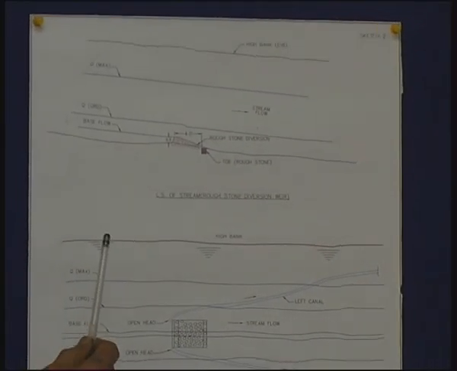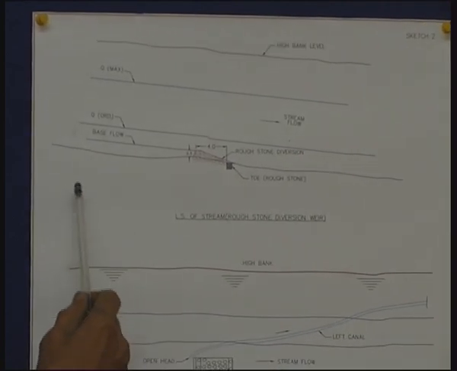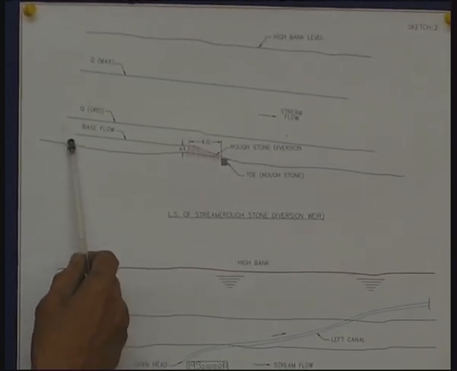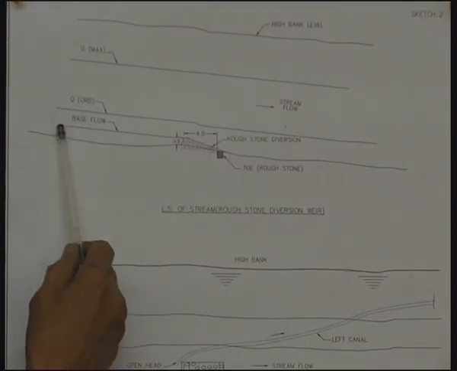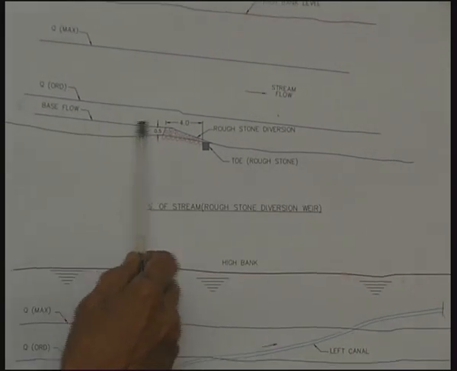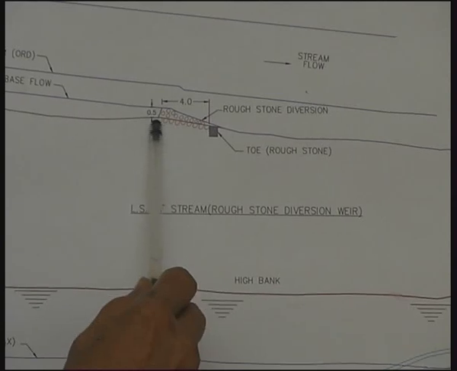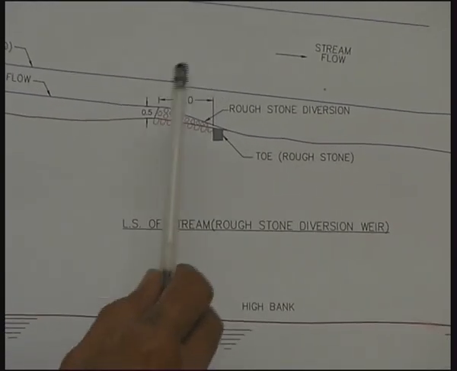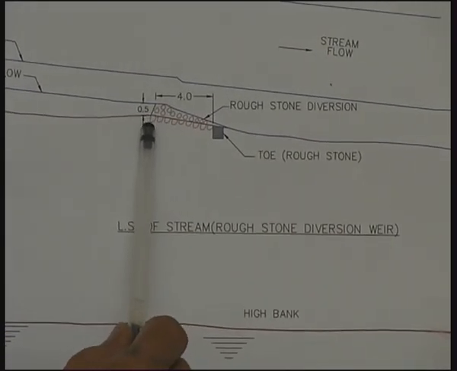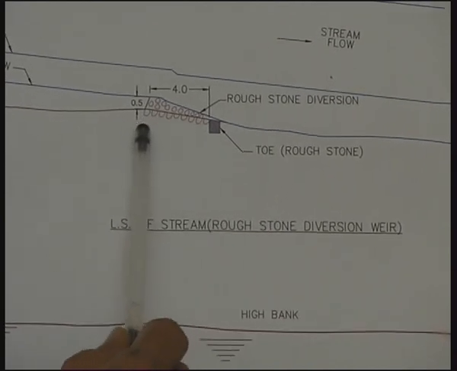During base flows, that is during the spring flows, when there are no floods, during the non-rainy period, there would be still some water in the stream. So let us say this is the base flow water level, and if it is more than that, it overflows over this.